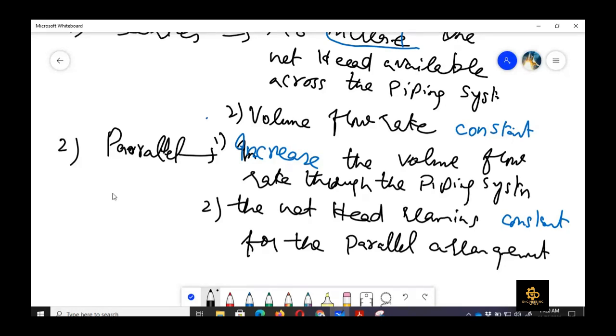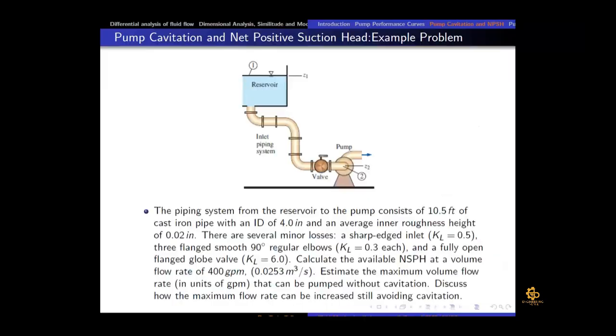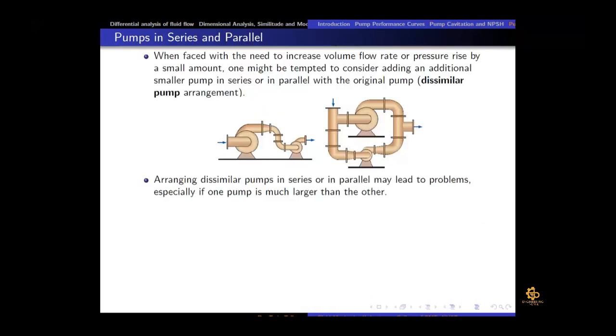After this introduction, we can see the implications of installation of pumps, because as I mentioned, when we need to increase the volume flow rate or the net head, and we have a pump already installed, like if it is producing 20 gallons per minute, right?